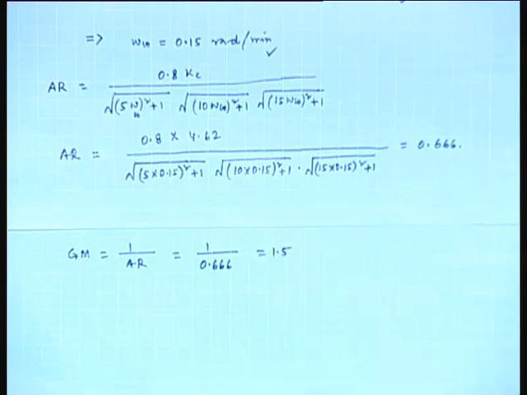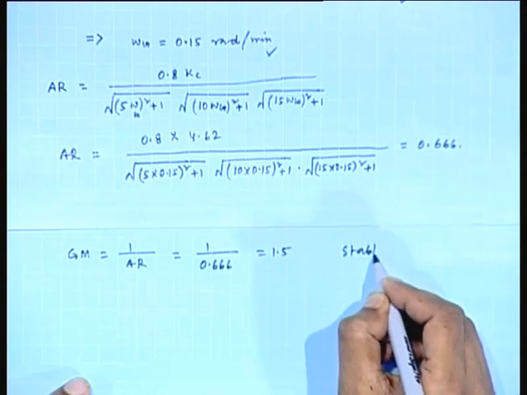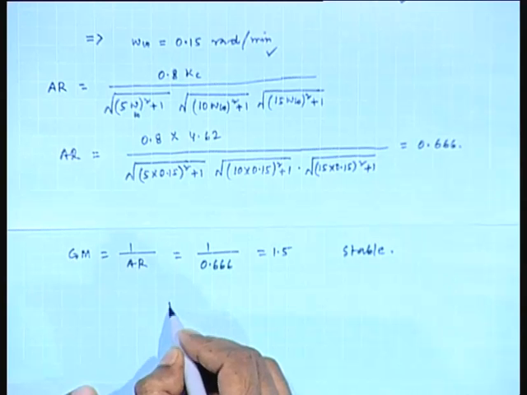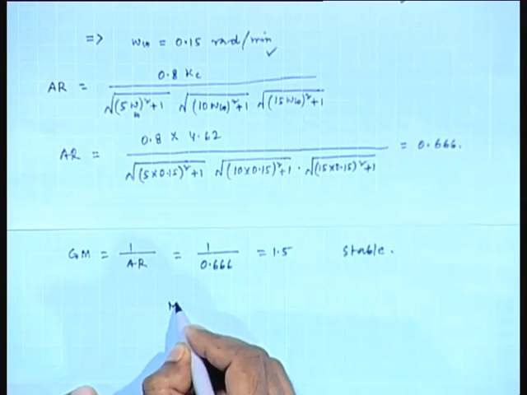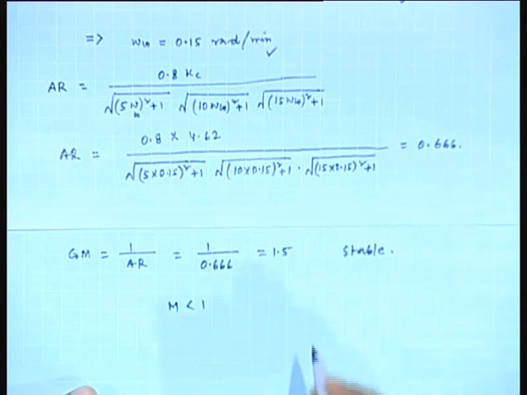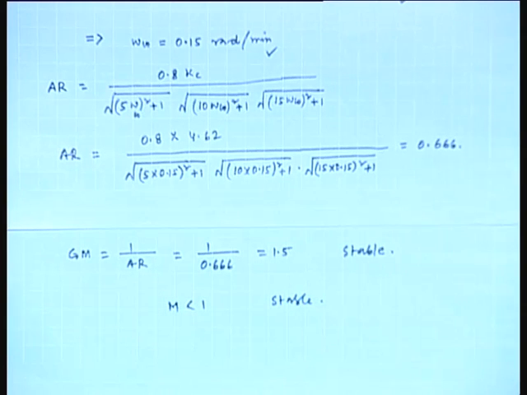What about stability? This is stable, because when m is less than 1, we say that the system is stable.